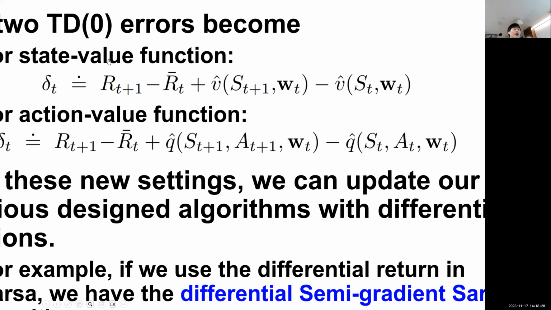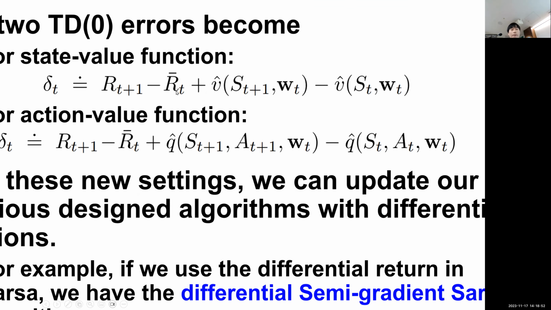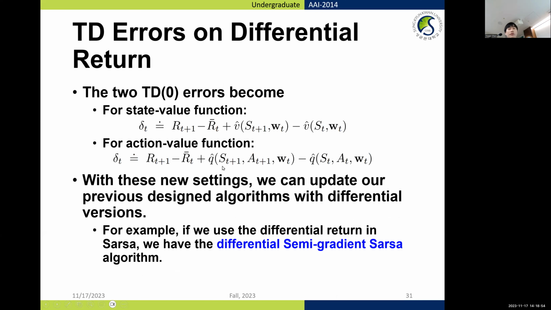So this is the current reward minus R bar, the average reward, plus the current estimated state value minus the previous time step state value. This is the one major difference: we are using the differential value of the return. Similarly, for the action value function, we also added this minus R bar_t.